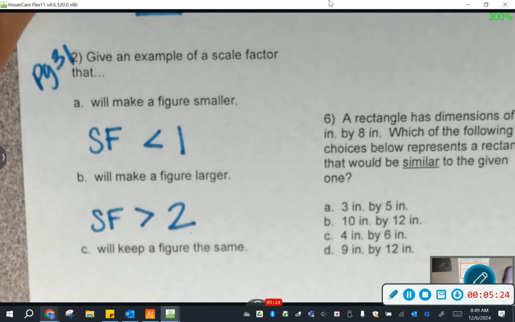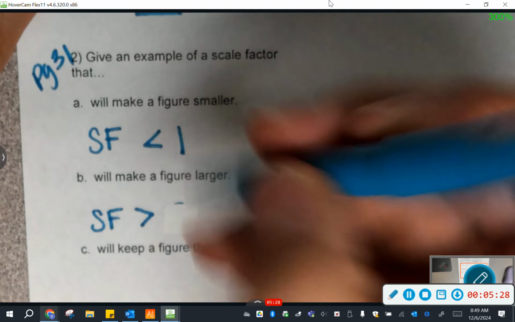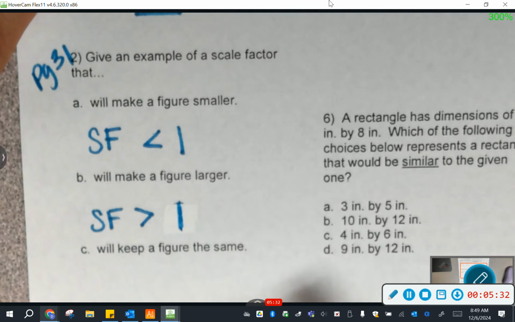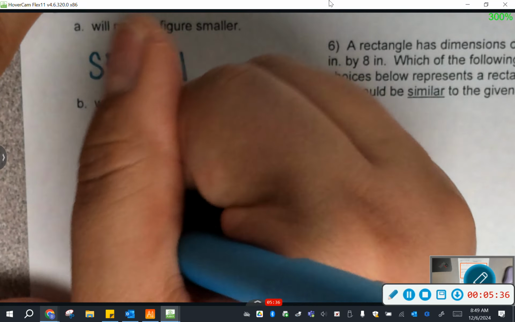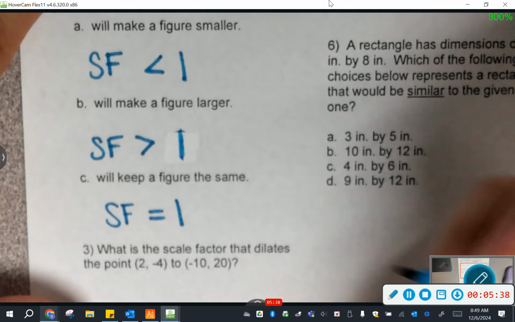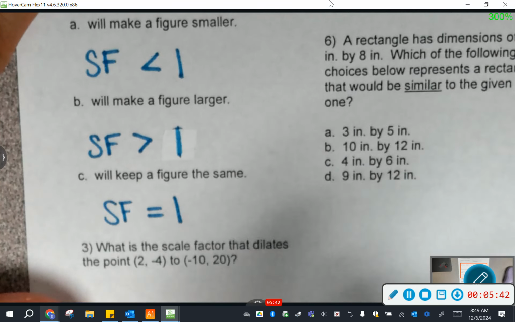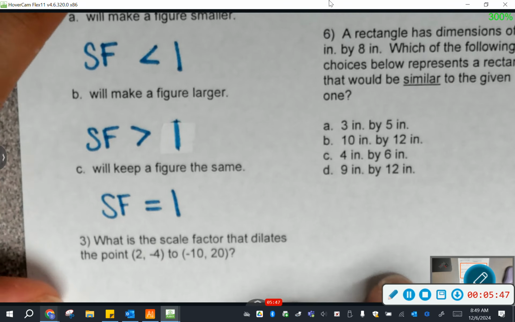I'm just seeing if anybody's paying attention to me. Is my scale factor bigger than 1? How do I keep something the same? If your scale factor equals 1. Because if you multiply by 1, don't you agree you'll get the same number? So if it's less than 1, bigger than 1, equal to 1.